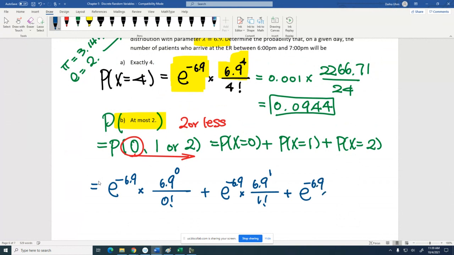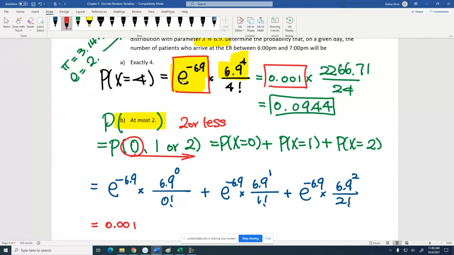And E to the negative 6.9 times 6.9 squared and 2 factorial. Already we got the E part. So in every single probability we plug in 0.001, 0.001, 0.001. The E part is the same, fixed.